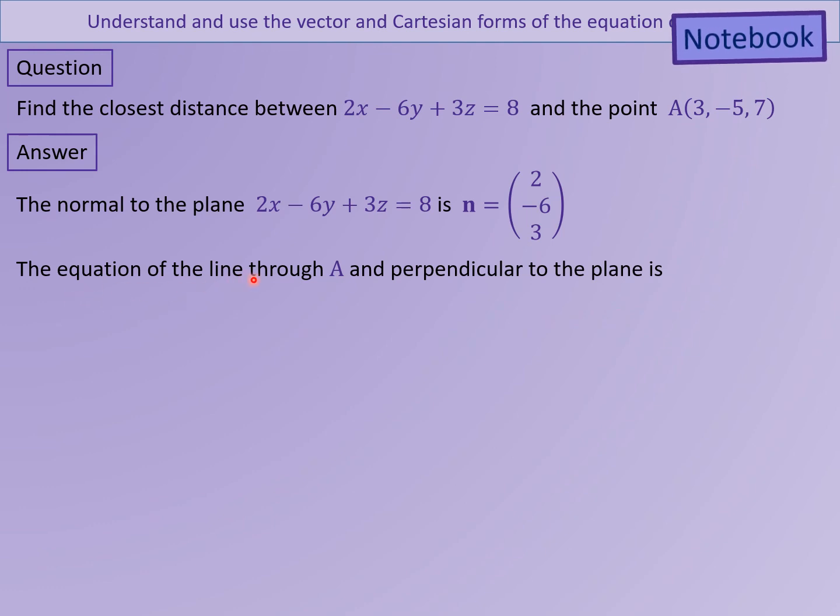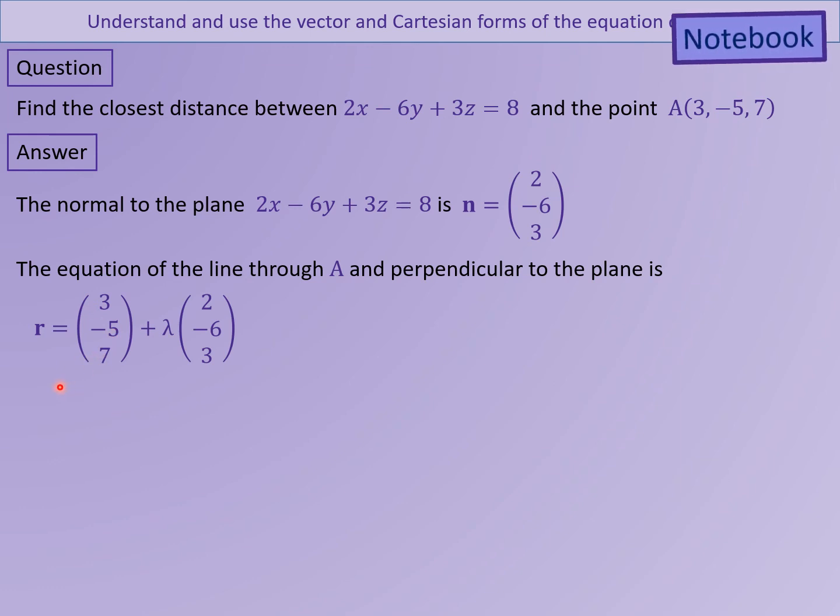The equation of a line through A that is perpendicular to the plane will be a point that goes through A, so that will be (3, -5, 7), in the direction of the normal. So therefore, I've got an equation of a line that is perpendicular to the plane, so it will be the closest part of the plane to the line, but it also goes through my point A.